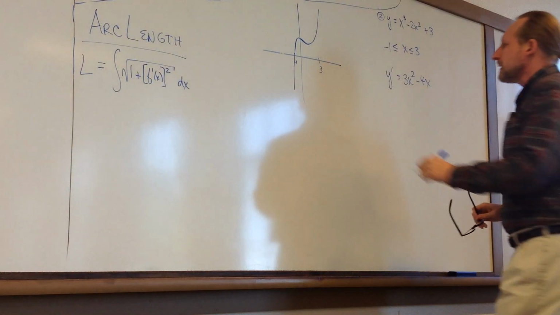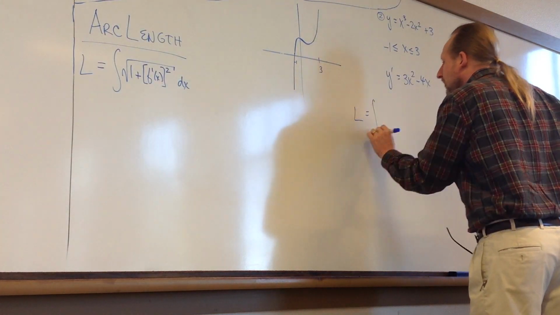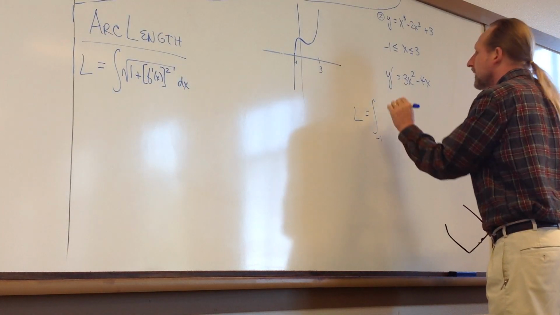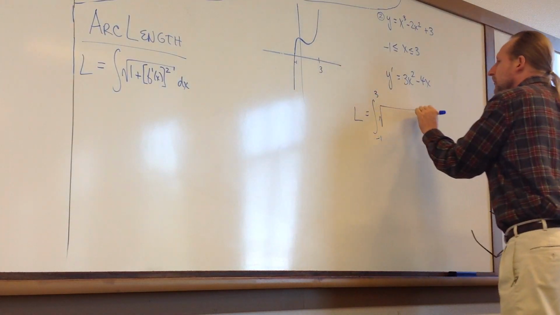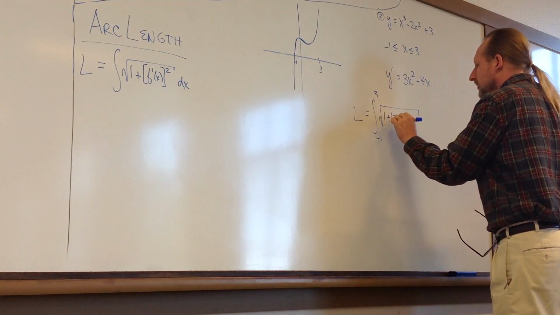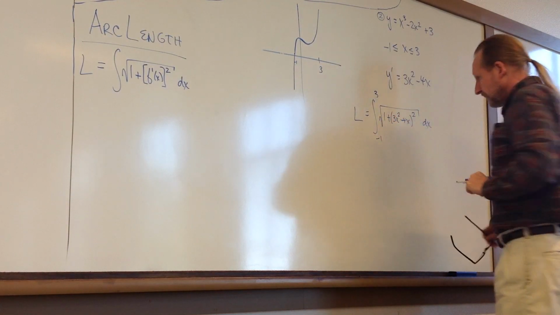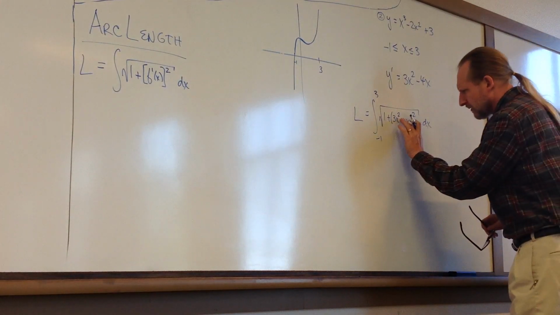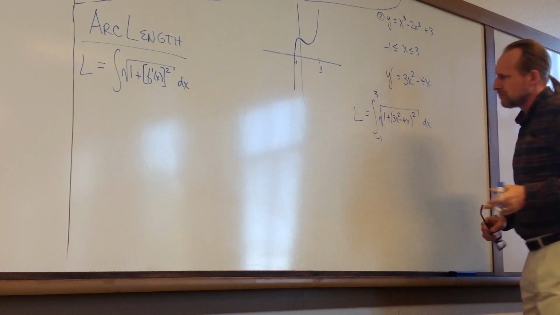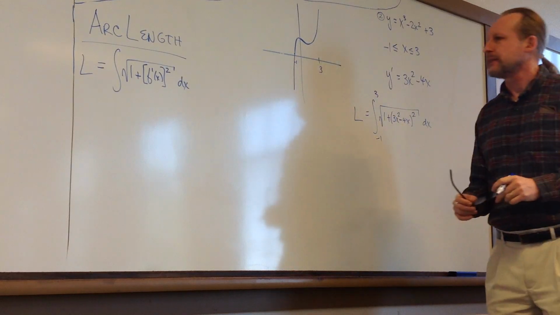So that says that our length is going to be the integral from -1 to 3 of the square root of 1 plus (3x squared minus 4x) all squared dx. And don't bother trying to square this out. It's not really necessary.